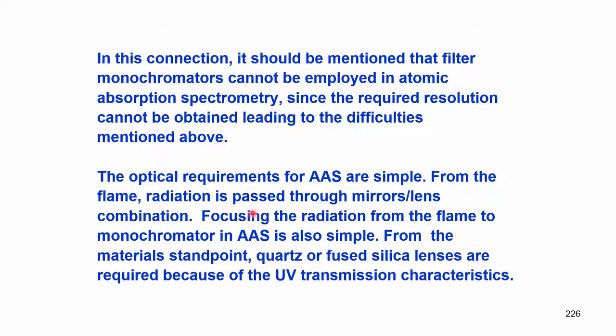In this connection we have to mention that filter monochromators cannot be employed in atomic absorption spectrometry, because the required resolution cannot be obtained. If you remember our earlier discussion, filter photometers and colorimetric filters etc. have a band pass width of about 20 to 30 nanometers.